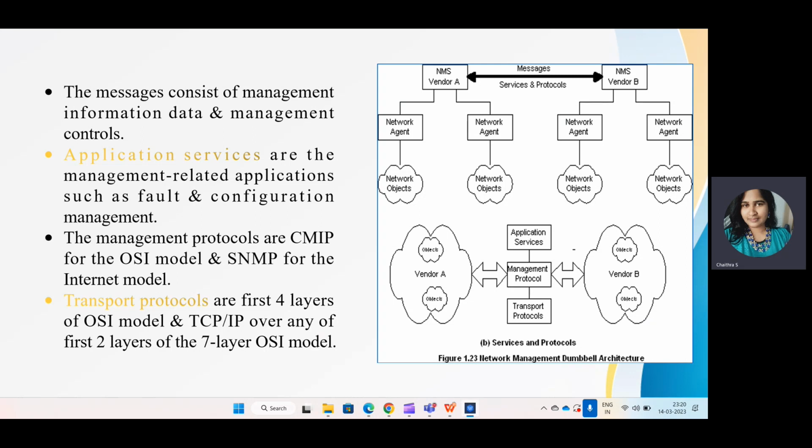And here the application services are the management related applications such as fault and configuration management. These can be done through the protocols, either SNMP or CMIP, and we can provide the services from vendor A to vendor B. So this is about the network management dumbbell architecture. Thank you.